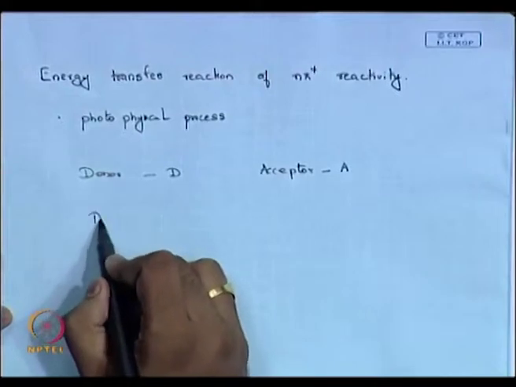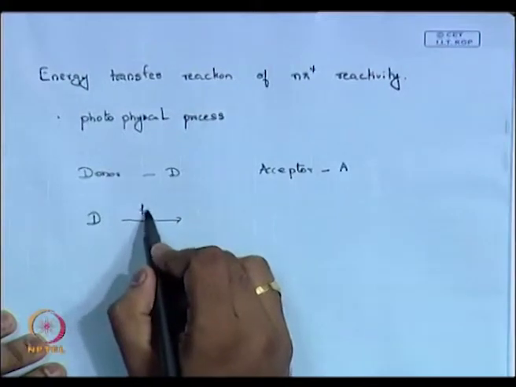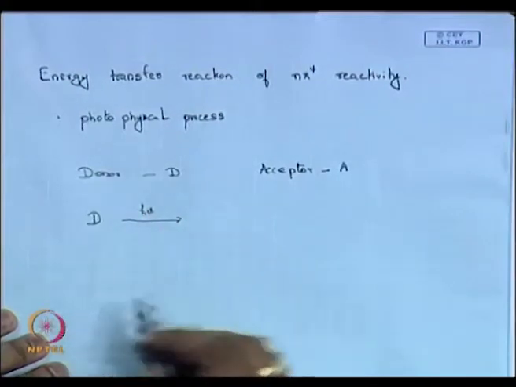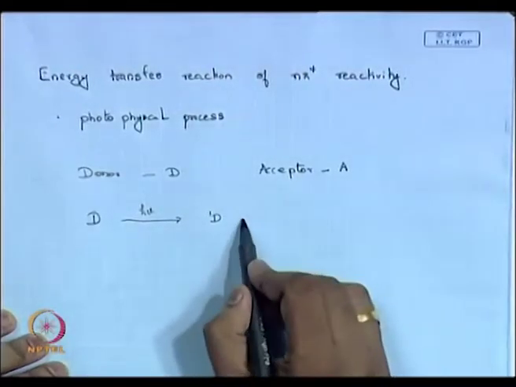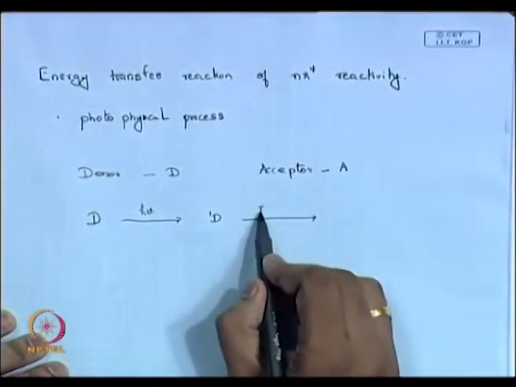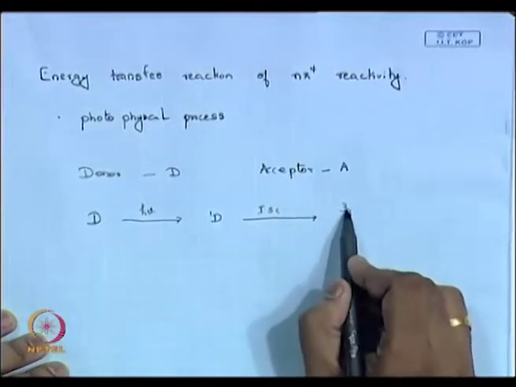So, what happens is that basically if I take my donor, okay, I am not restricting right now to the carbonyl, I am just taking a donor molecule, and then if I shine light, it goes to its singlet, that is what we studied. Then if it has a chance, it undergoes an intersystem crossing and gives you my triplet.